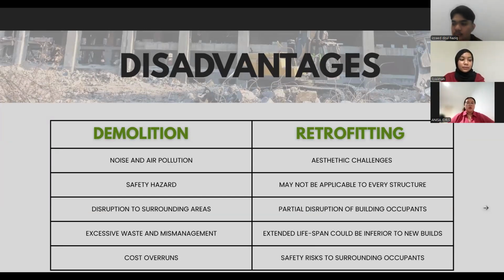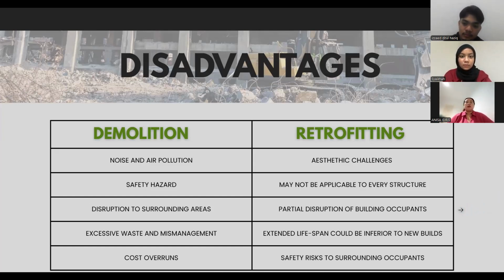Next one is the few disadvantages of demolition and retrofitting. For demolition, it causes noise and air pollution due to the falling bricks and flying dust. It also causes safety hazard because there is no confirmation that there's nobody within the areas. It also causes disruption to surrounding areas. As insinuated by the above points, it causes safety, health, and disturbance to the surrounding.